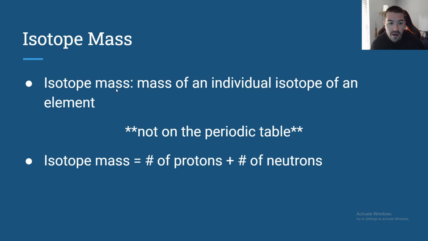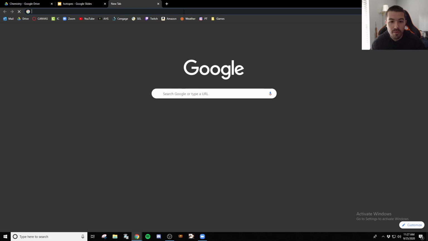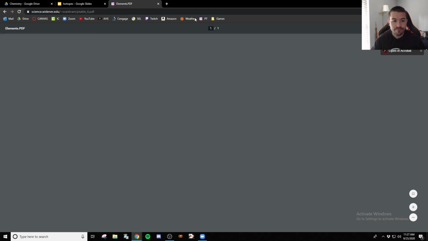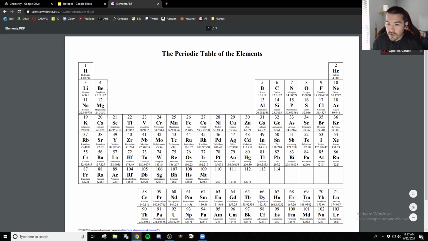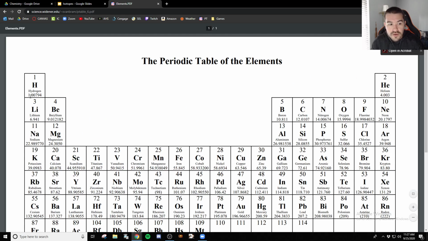So the isotope mass is the mass of an individual isotope of an element, right? It's very important that you understand this. Isotope masses are not on the periodic table, okay? So let me go ahead and pull up the periodic table for you really quickly. When you're looking on the periodic table, these mass numbers are called average atomic masses.